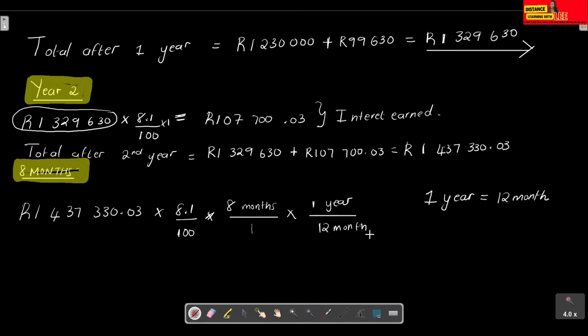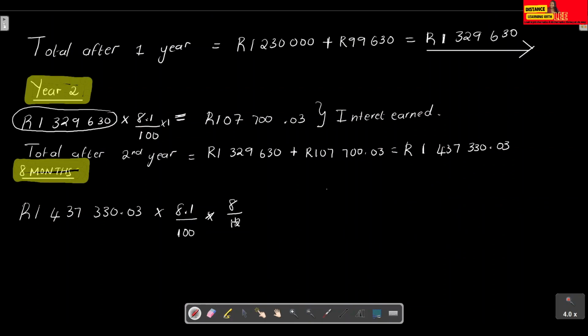Here you'll see that the units for the months will cancel, taking us back to how the interest is added yearly. That is why we need to have that in years. So it's the same as just saying 8 divided by 12. This 8 divided by 12 represents us converting the months into years.